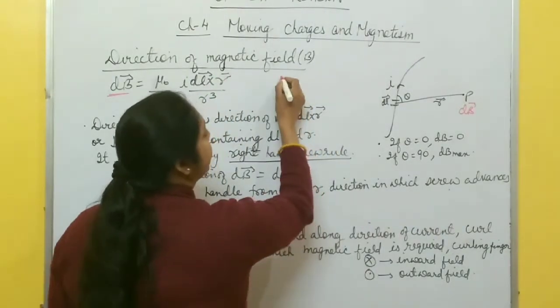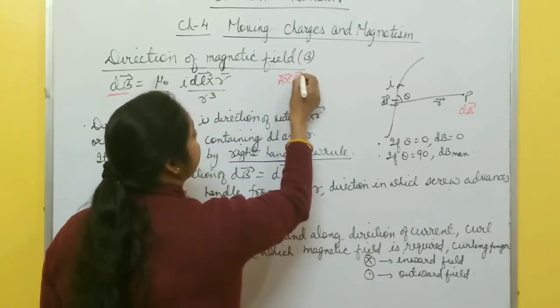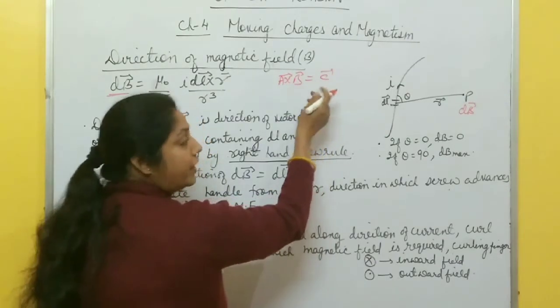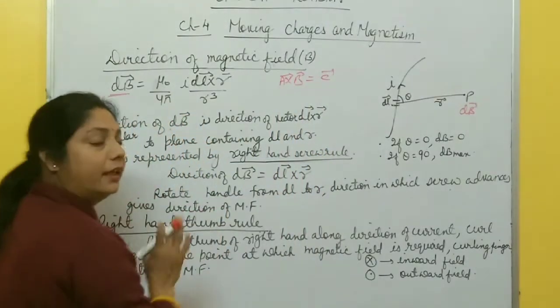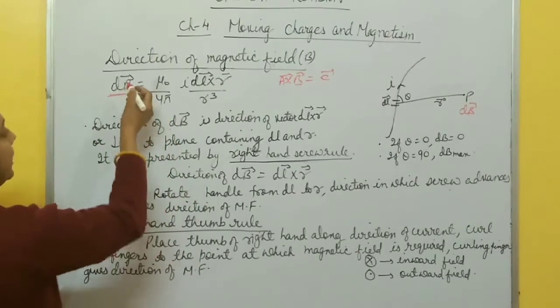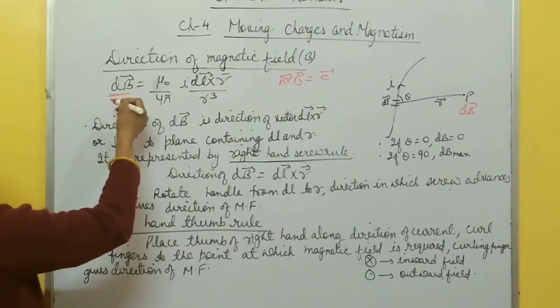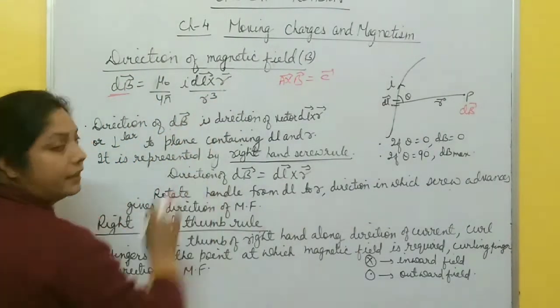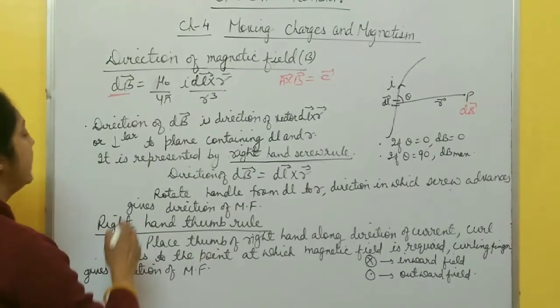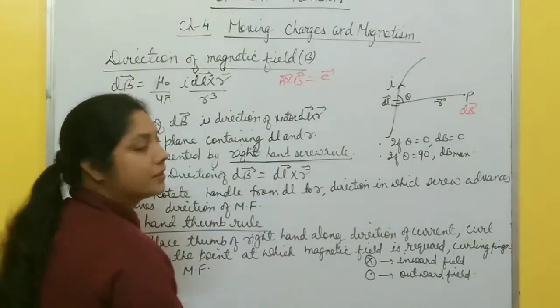You know, for a vector A cross B, the resultant is C, and the direction of C is perpendicular to the plane containing A and B. In the same way, the direction of this magnetic field is perpendicular to the plane containing dl and r, and it is represented by the right hand screw rule.